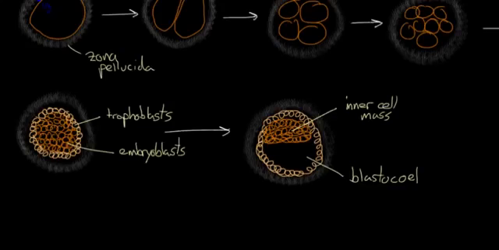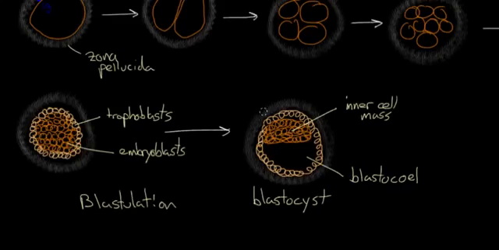Now, again, you're starting to look a little bit more different than you have in the past, so we're going to give you a new name. This structure that you've turned into with a blastocele and an outer cell ring of trophoblasts is called a blastocyst. In fact, we name this whole process after you, and after cleavage, the process is called blastulation.